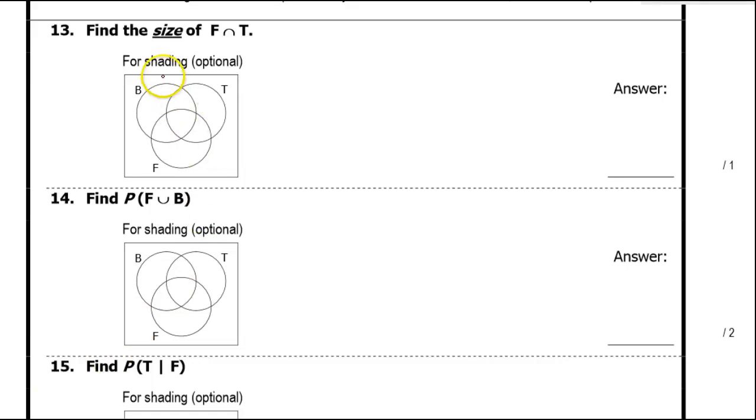So problem number 13 says we need to find the size of F and T. Notice it says size, not probability. So we will not be doing target over total. We'll just be finding a number.